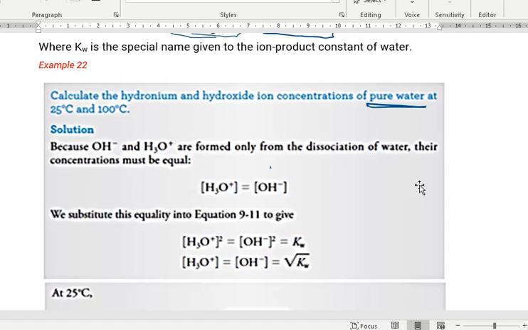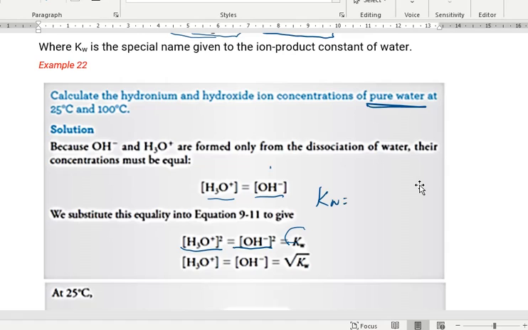So, ang imong H3O, imong hydronium, comes from water alone, and imong hydroxide comes from water alone because water ragod ang nasa imuhang container, di ba? That means we can just substitute this. So since OH is equal to H3O man, so we can just say H3O squared, or this is also equal to OH squared, and this is equal to Kw.